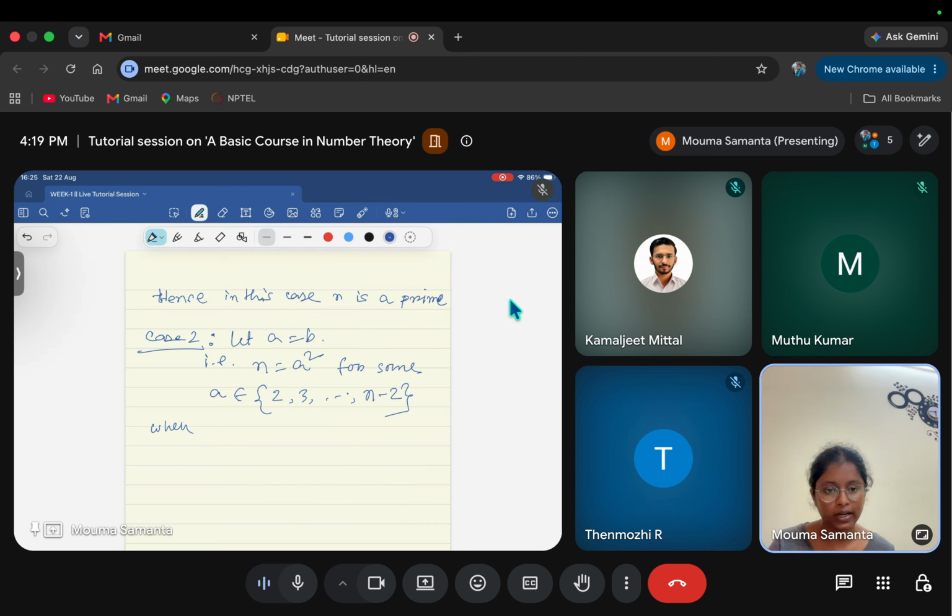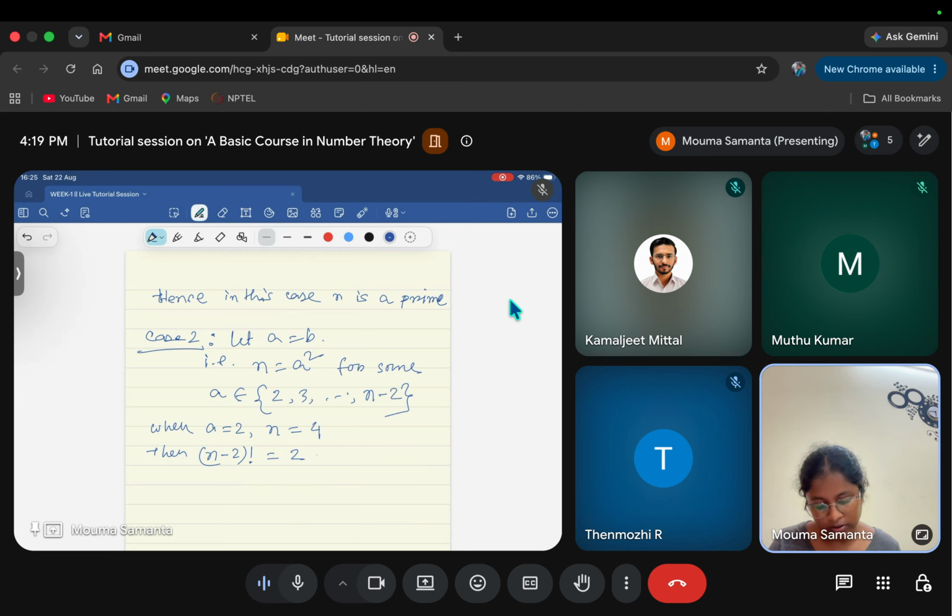Let's see what happens. When a equals 2, that means n equals 4, then what is n minus 2 factorial? 4 minus 2 factorial, that means 2 factorial, that is 2. Now, is 2 congruent to 1 mod 4? No, right?